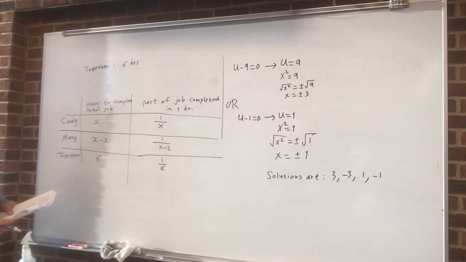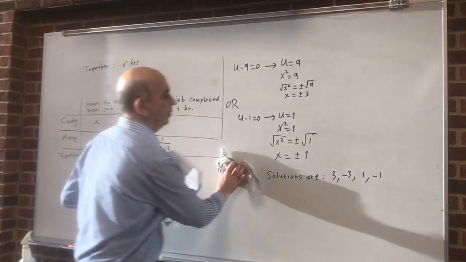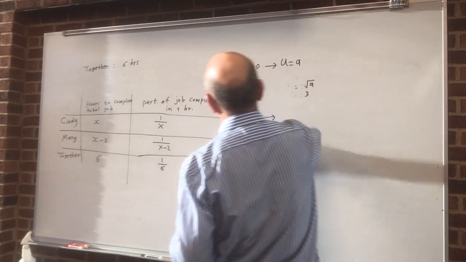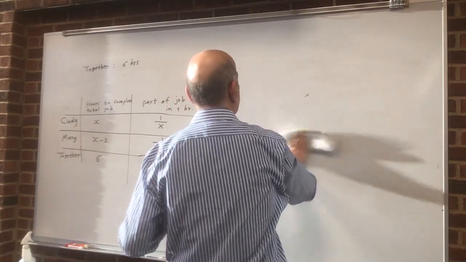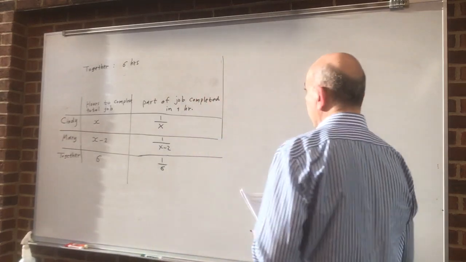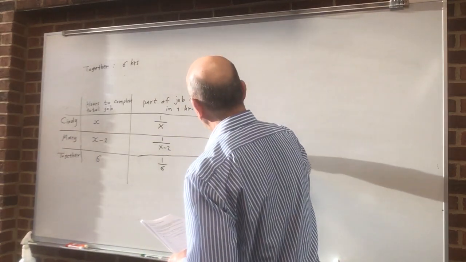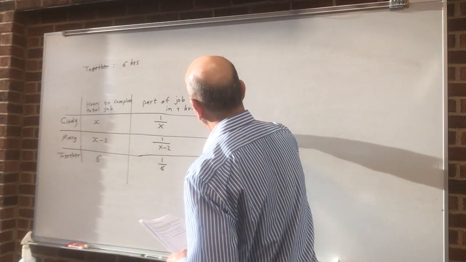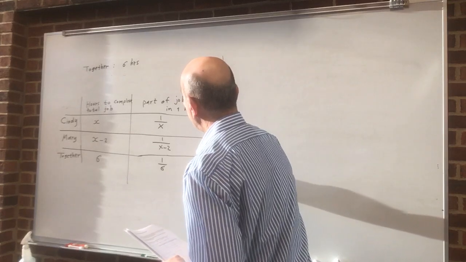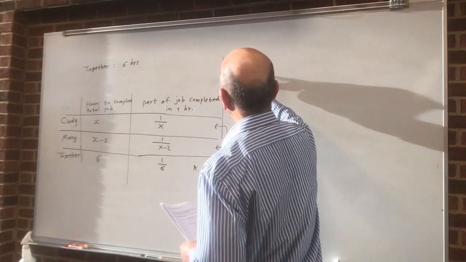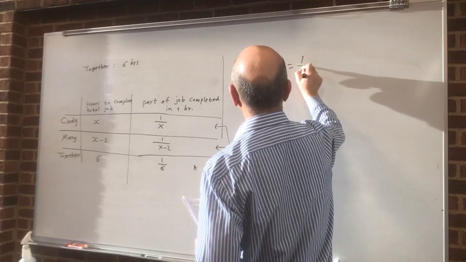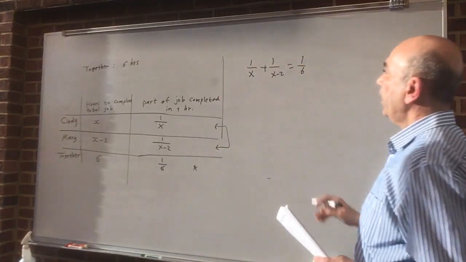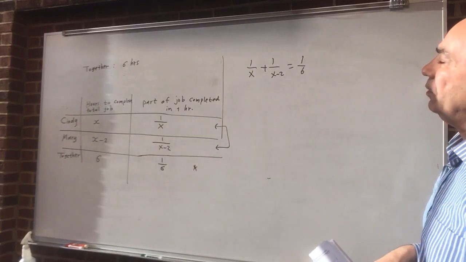So the equation here is, in general for any problems like this, the sum of these two equals this one. So now the equation is 1 over x plus 1 over x minus 2 equals 1 over 6. Now we solve this equation to find x.